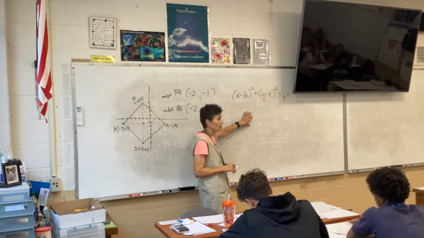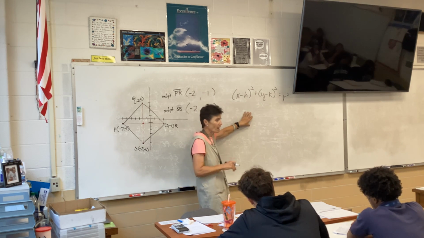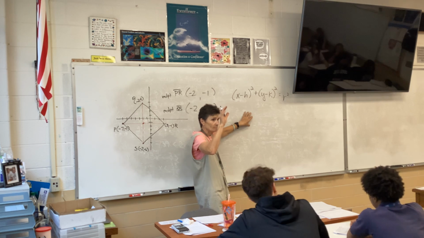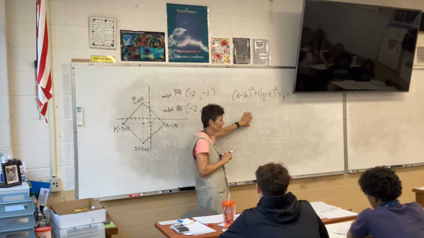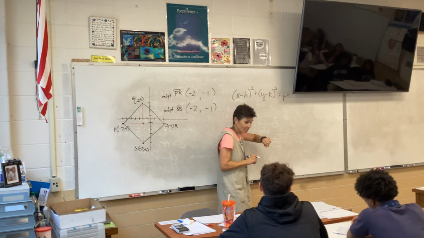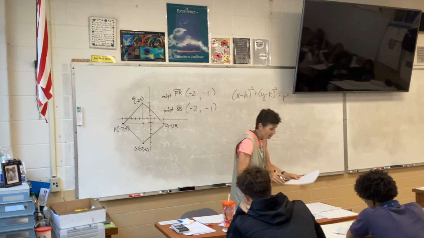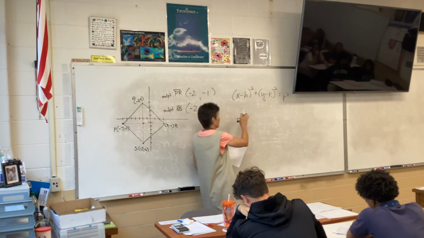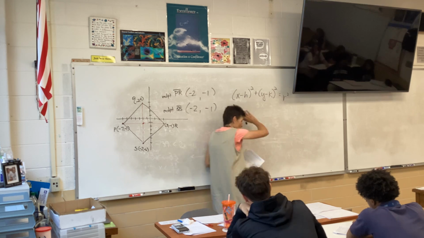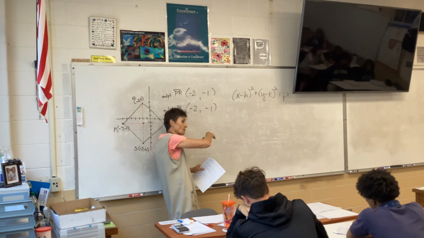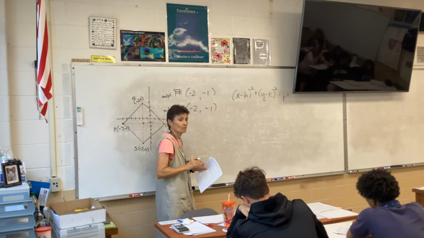That is the standard form of a circle. Very good. That's right. How many of you remember that? Just Peter. Thank you. Okay, so that's it for 12. When you write the equation of a circle, that's what it's going to look like if it's in standard form.